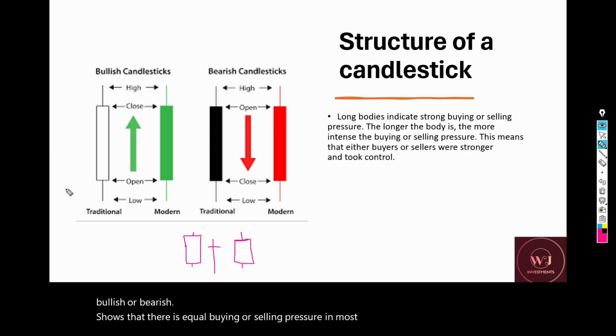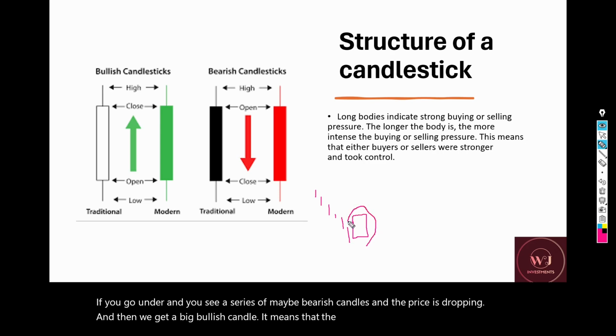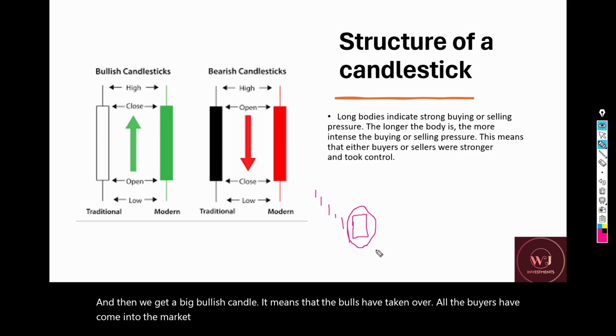So for example, if you see a series of bearish candles and the price is dropping, and then we get a big bullish candle, it means that the bulls have taken over, or the buyers have come into the market and taken the initiative to win the current pressure.